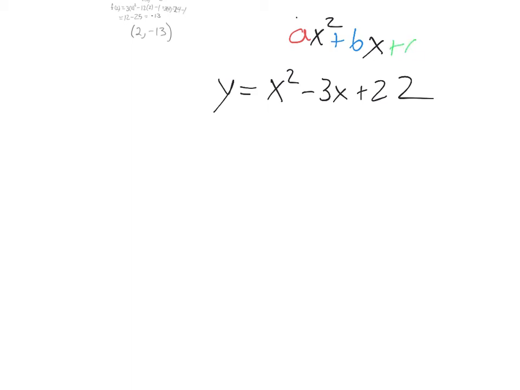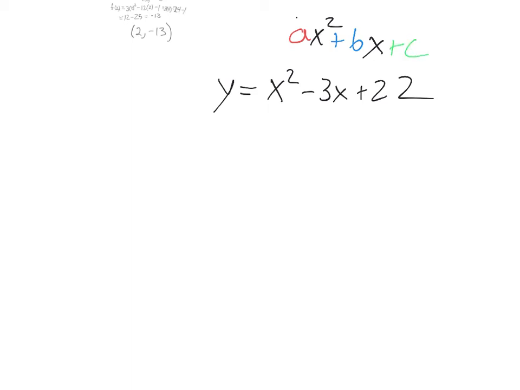I'm given the quadratic x squared minus 3x plus 22. We'll say here, y. Remember, I'm using ax squared plus bx plus c.